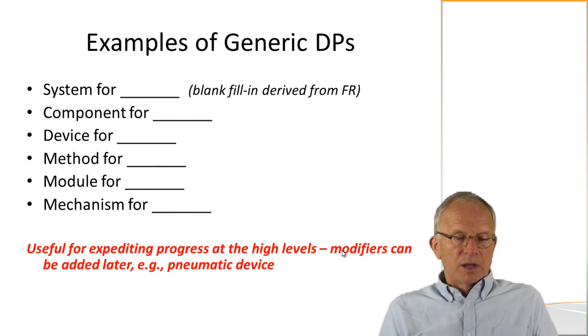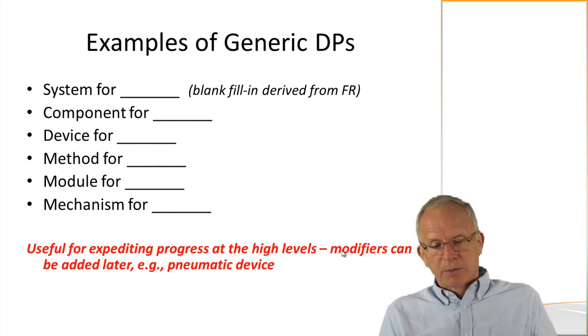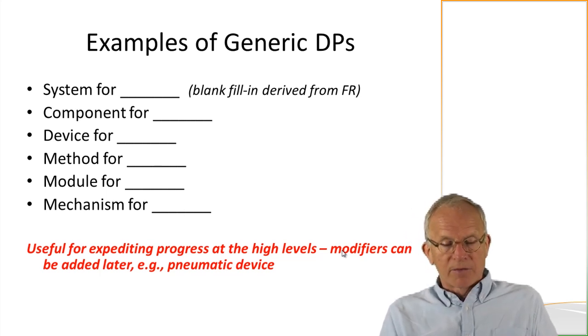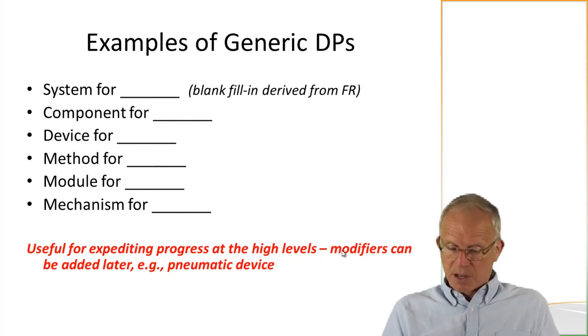In some ways, we might look at this and say all we really need to do is restate the FR for the DP. Well, this works well at a higher level, and we can show you some examples of that.